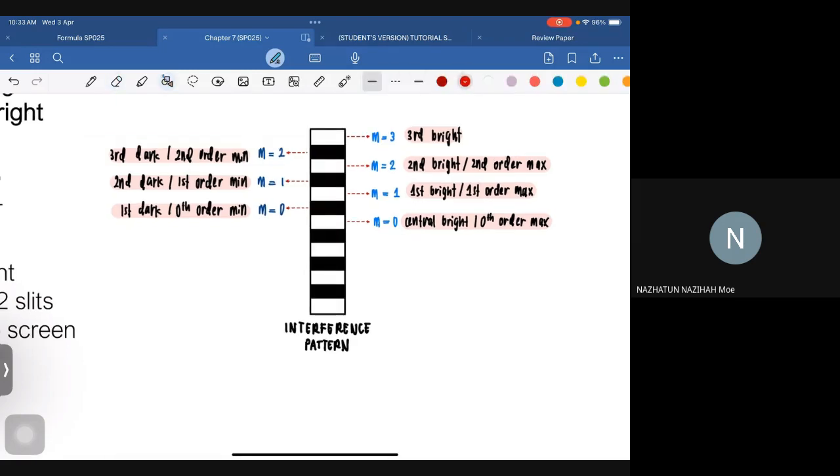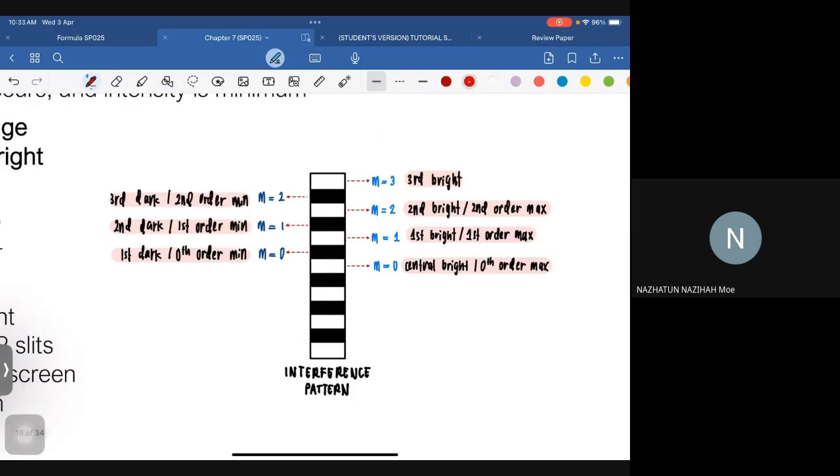Yeah, this is bright. I need another 1, 2, 3, 4. Yeah, not enough. Let me try to add.